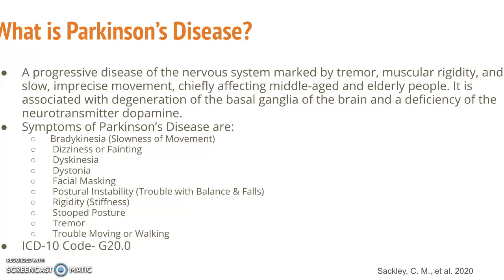Sometimes these individuals have trouble with balance and tend to fall many times. They also exhibit rigidity, stooped posture, tremor, and trouble moving or walking. The ICD-10 code for Parkinson's disease is G20.